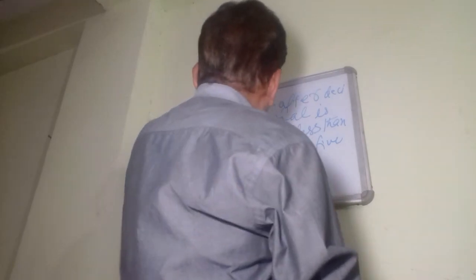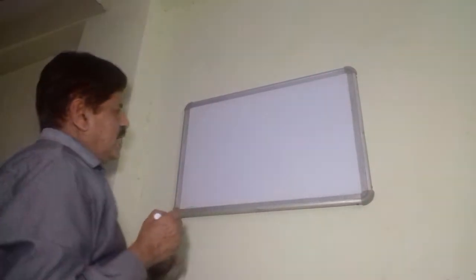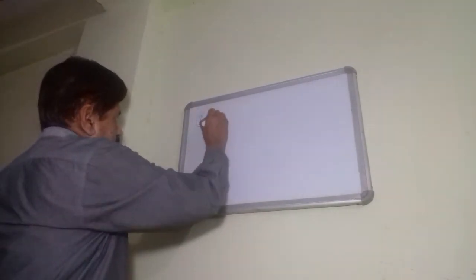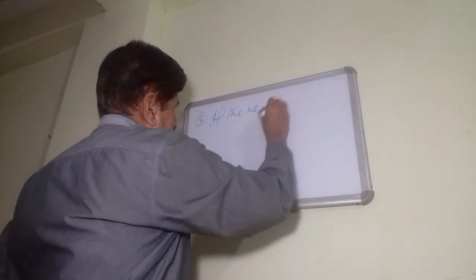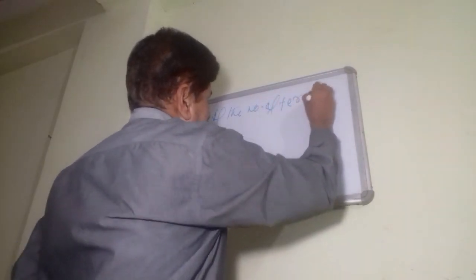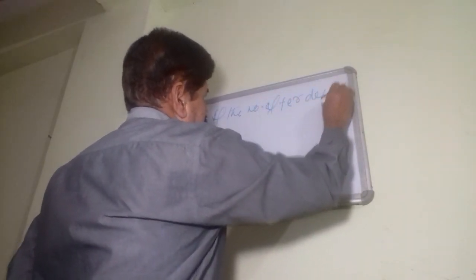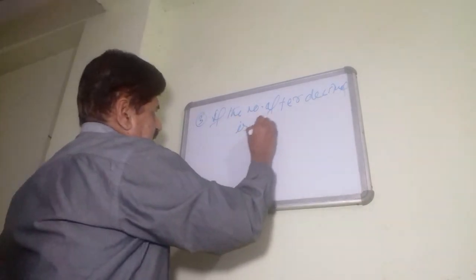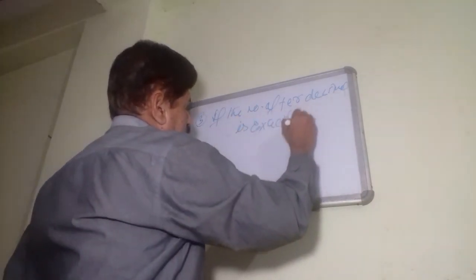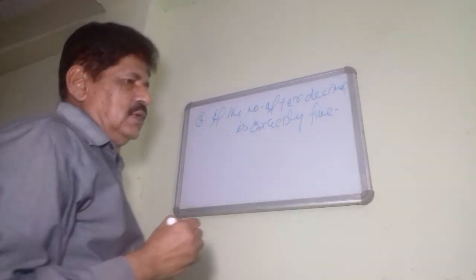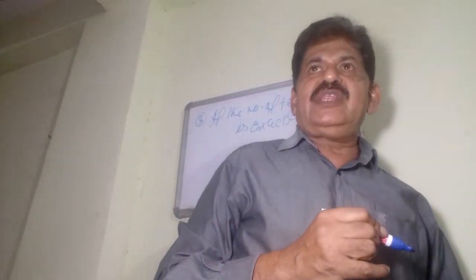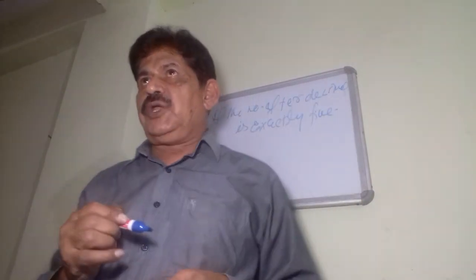Next, if the number after the decimal is exactly 5, then we see whether the preceding number is even or odd.